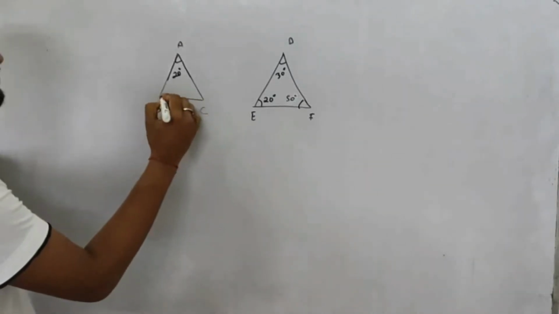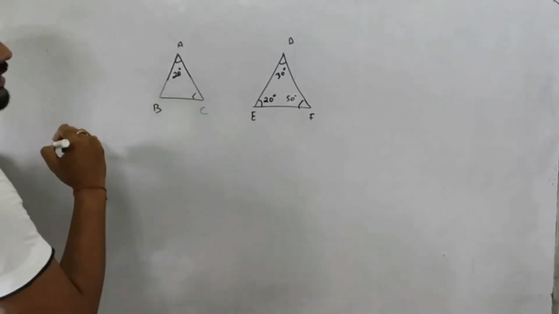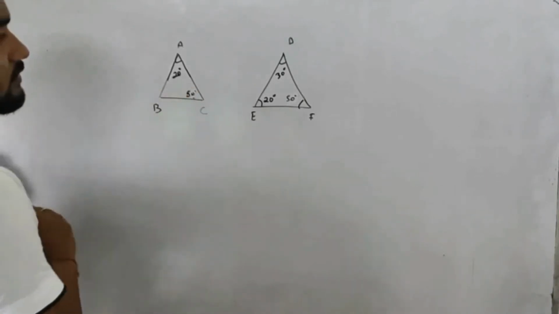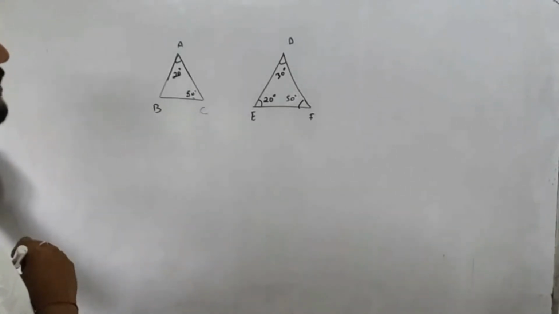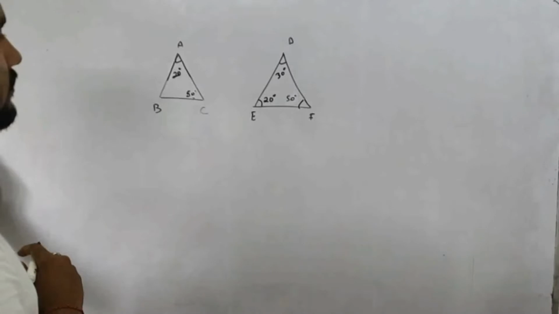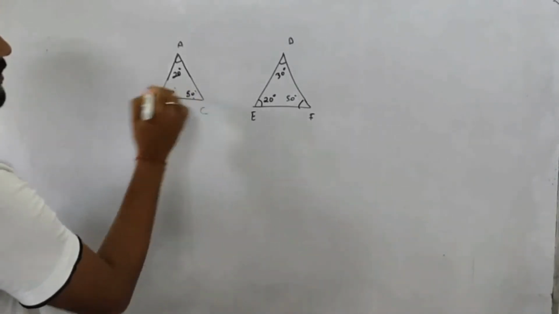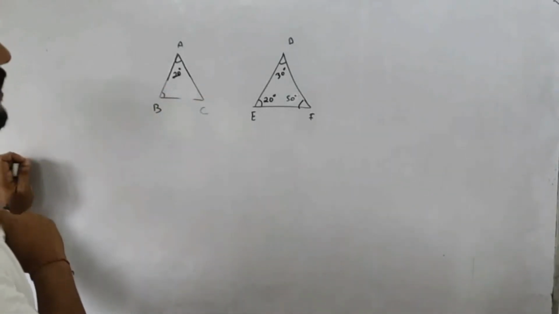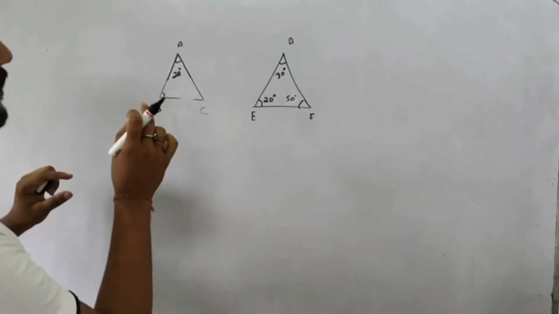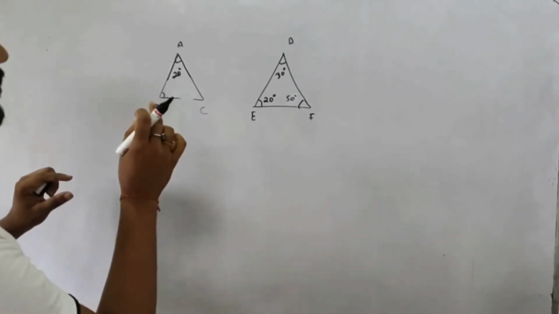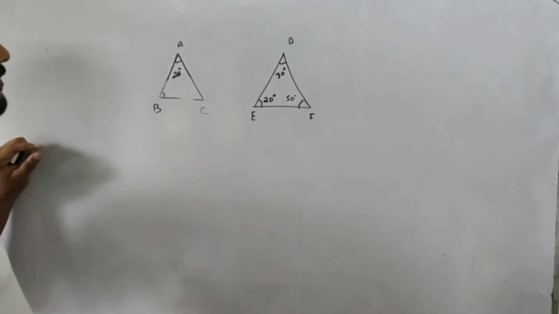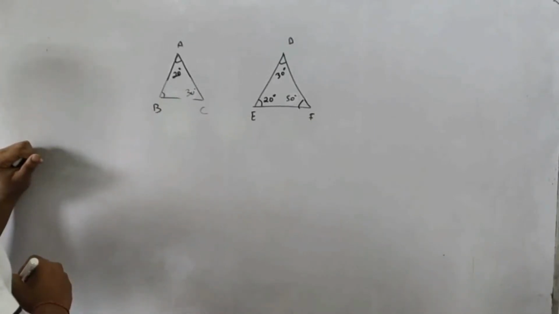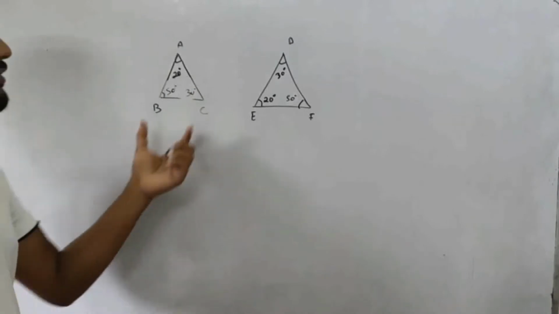Say this is 20, and this is 50. Some mistake I have done. I think this is 20. So 50, 20. 30 should go up. So this is 30, and this is 50 degrees. Okay, so say this is an example.